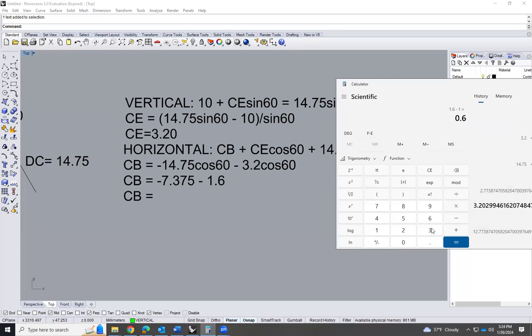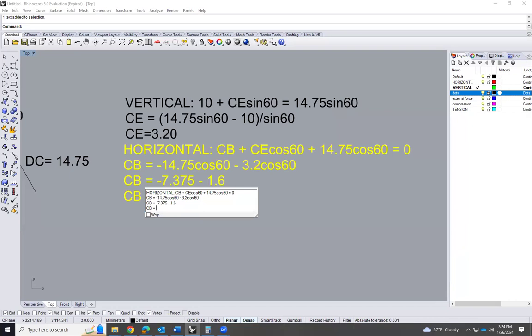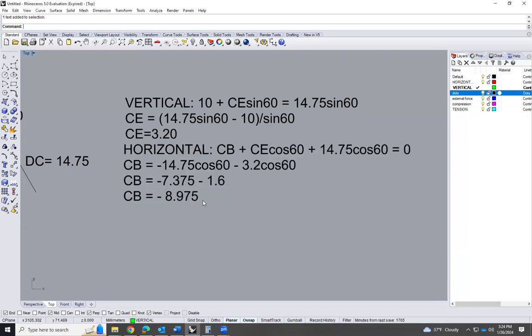Let's do this. 7.375 plus 1.6. It's 8.975 negative. So CB is negative 8.975.